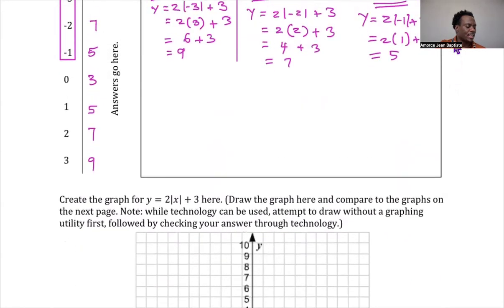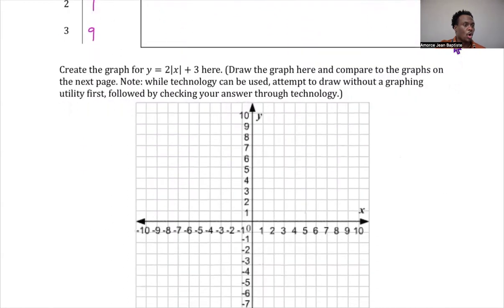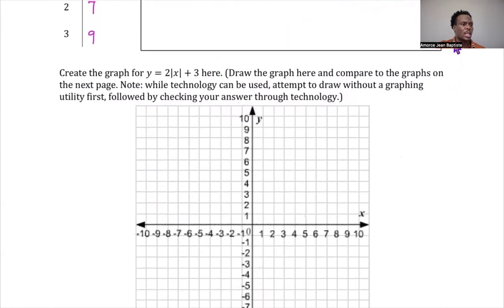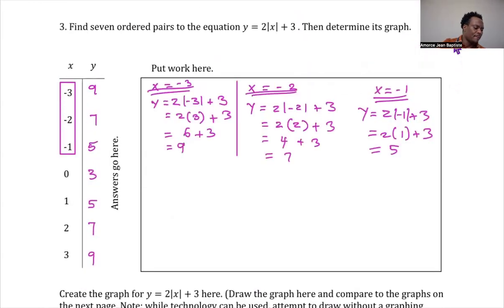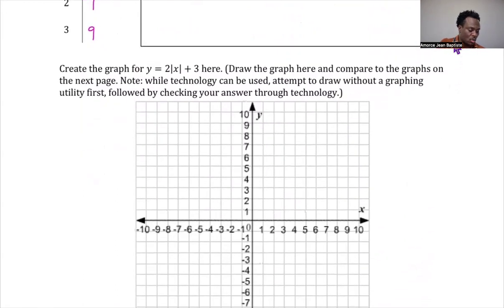All right, so now we have the table. We can move on to placing those values. For each of those, we have an ordered pair, right? This is an ordered pair, -3, 9. Let's put that -3, 9. X equals -3, y equals 9.